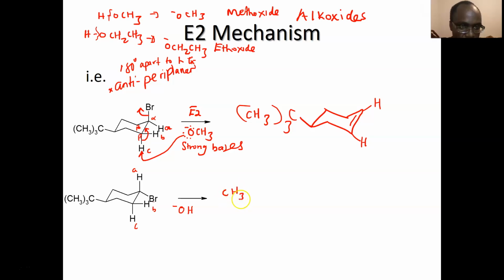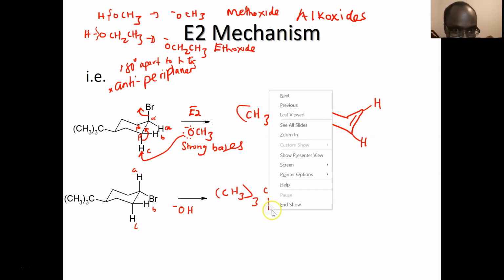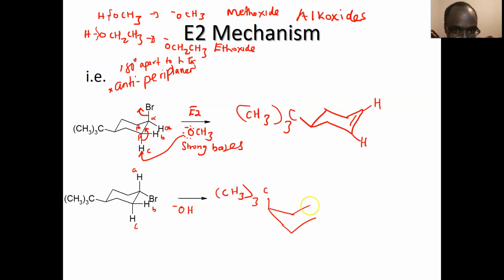So what you'll have to do is a ring flip first. We talked about ring flips before. So let's draw the ring flip, and then we'll draw the product. So this is the ring flip. After flipping, carbon A will be tipped up.